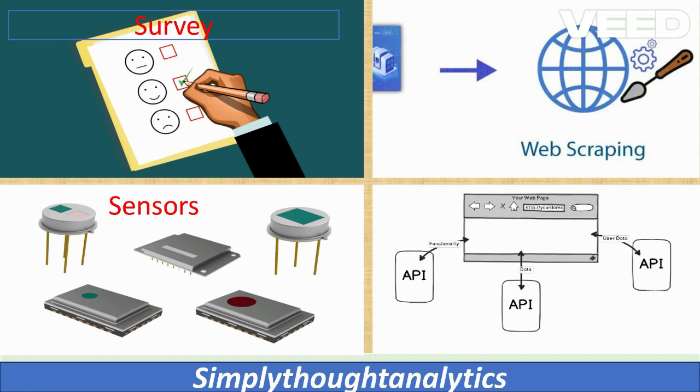Then another one we are going to be talking about is web scraping. So what is web scraping? Web scraping is basically the process of extracting information from the web. Assuming there is a particular website that contains some information and you want to use that information for your project, instead of going to the website and copying and pasting that information, you can use programming software to extract that information automatically.